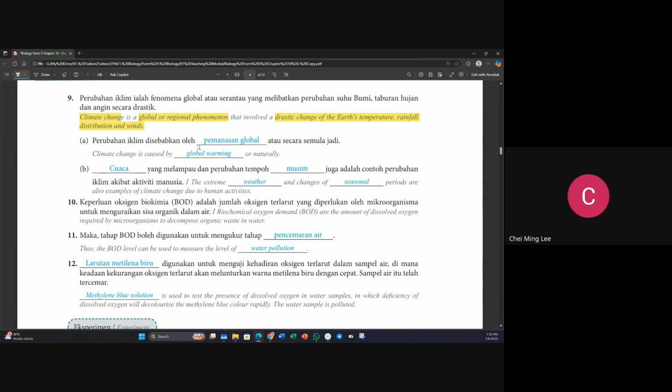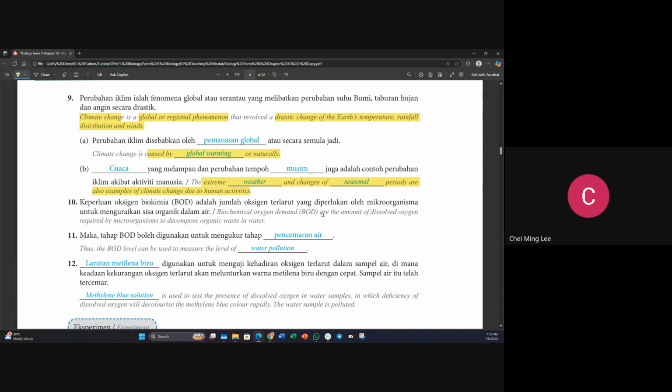Okay, so climate change is normally caused by global warming or happens naturally. Sometimes it is natural, like your monsoon, El Nino, El Nina. The extreme weather and the change of seasonal period are also examples of climate change due to human activities.